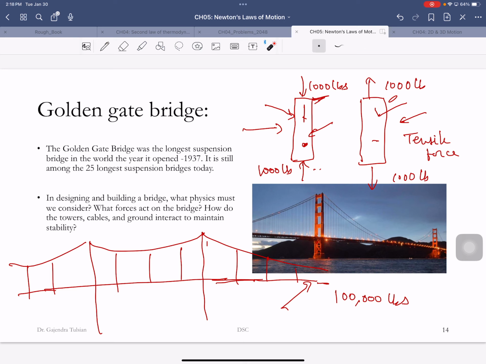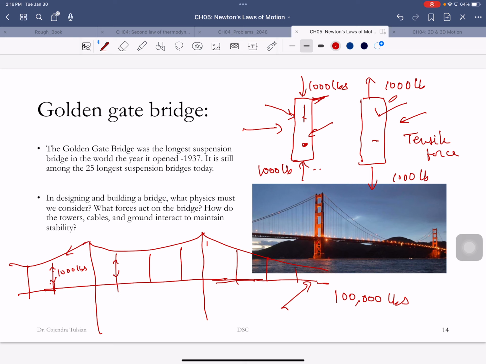What we'll do is suspend it with 100 wires, 100 cables. So each cable is bearing a force of 1,000 pounds. Each cable is under a tension of 1,000 pounds. This is pulling the road like that, this is pulling it down, and all these tensions get transferred like that.